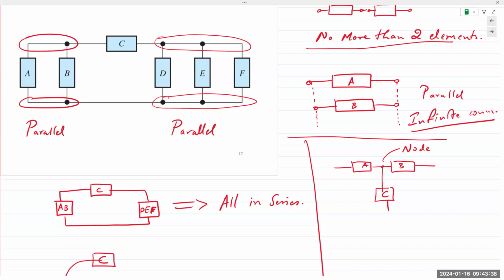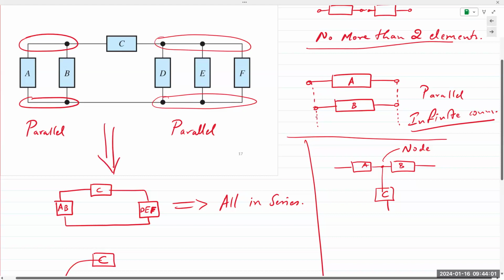And so mathematically, we can reduce these resistors down to one single resistance. Same thing with a capacitor and same thing with an inductor. It doesn't matter whether you connect them in series or in parallel, it is possible to reduce them down to one single element. And that is what we did in this example here.